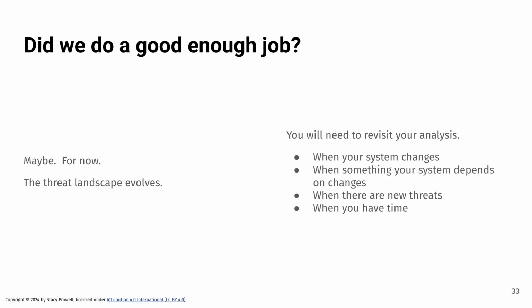But today they've made some changes and you're maybe a little worried about that. And so you need to actively think about, what do I do to address that? When there are new threats, what do I do about these new threats? And when you have the time to invest in thinking about the threat analysis, you may want to go back and redo some of it.